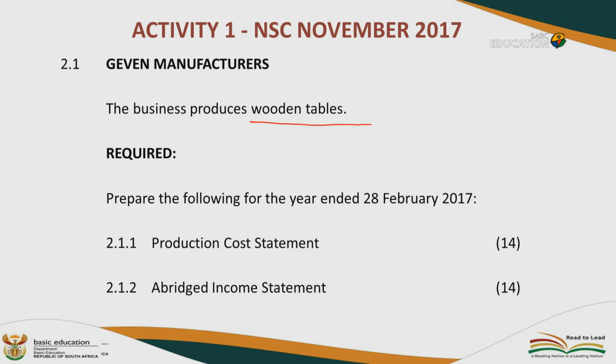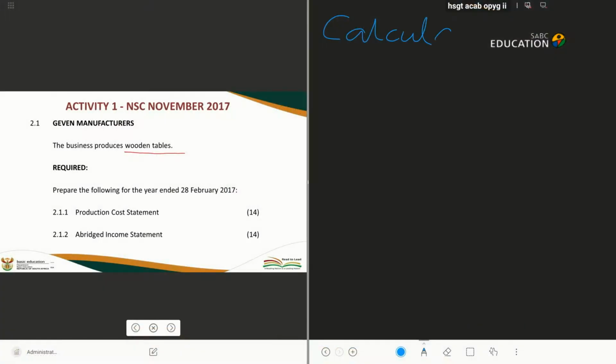We are producing the wooden table, and they say we must prepare the following: the production cost statement as well as the abridged income statement. So my dear learners, let's do this together.